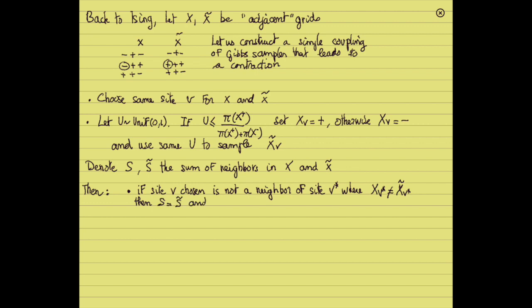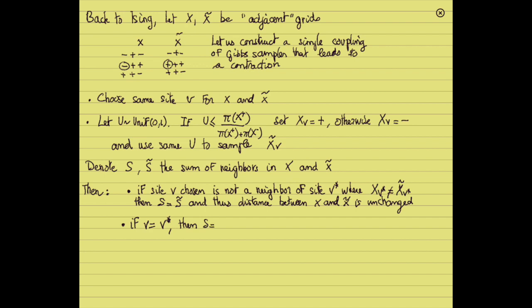So S is equal to S tilde, because X and X tilde only differ at location V star. So if S and S tilde are the same, the probabilities for the spins at XV and X tilde V are the same. And so using the same random numbers, we will obtain the same spins again.